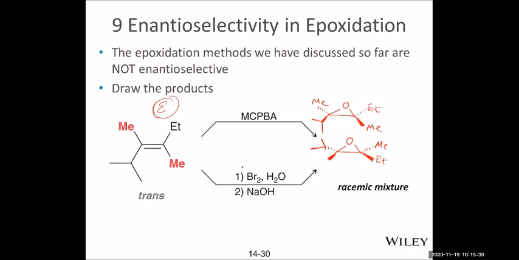The other way is the halohydrin or bromohydrin reaction, and the first step forms the alcohol like this. By the way, when you form the halohydrin, you get a whole mixture of halohydrins. Very complicated.